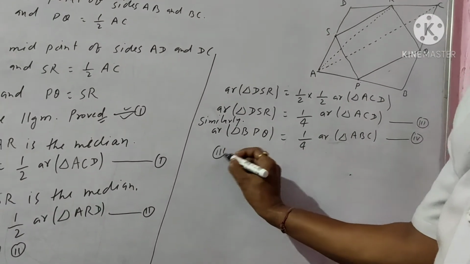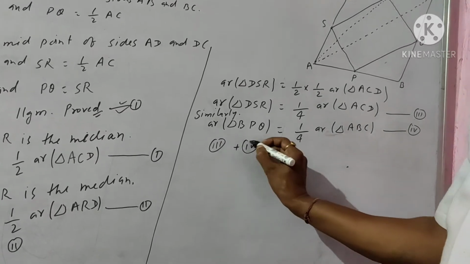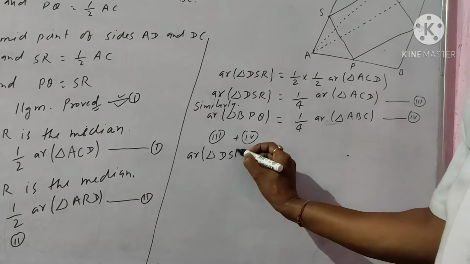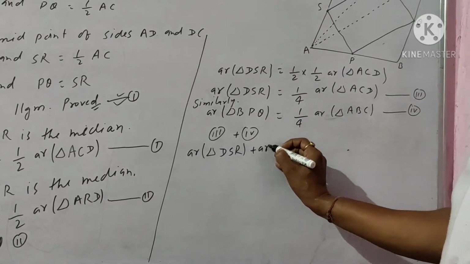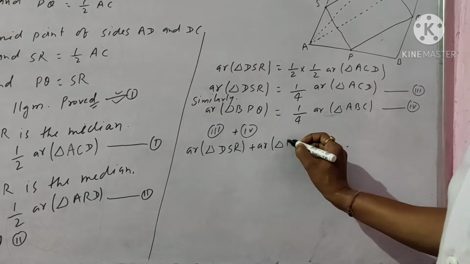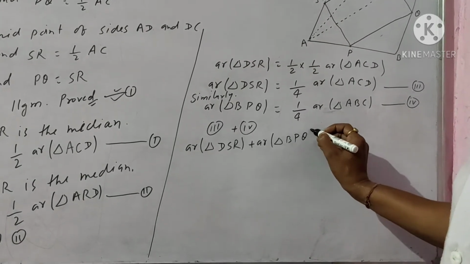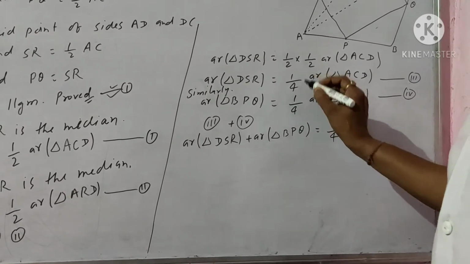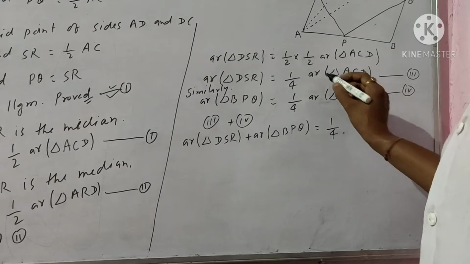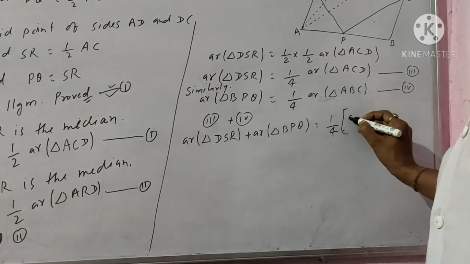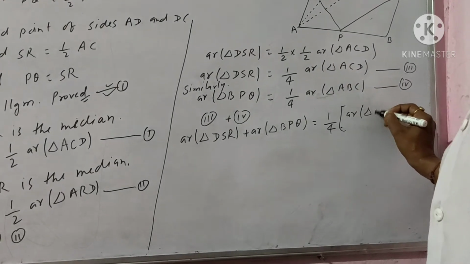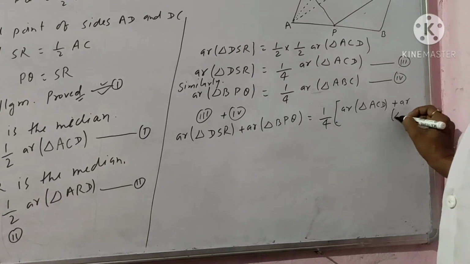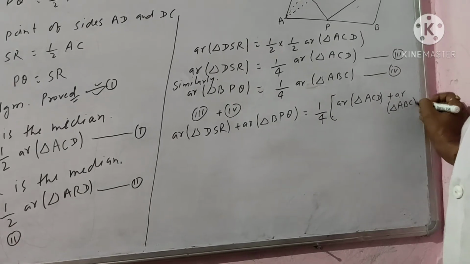So here, equation 3 plus equation 4. Area of triangle DSR plus area of triangle BPQ is equal to 1 by 4, which is the common factor, times area of triangle ACD plus area of triangle ABC.